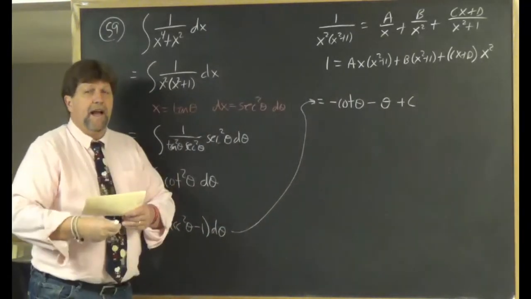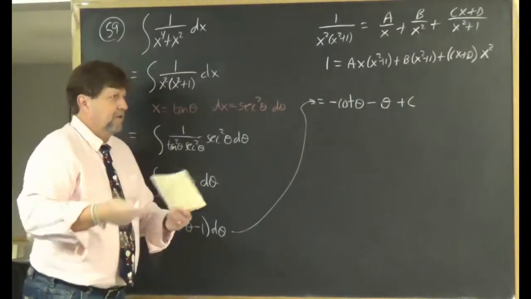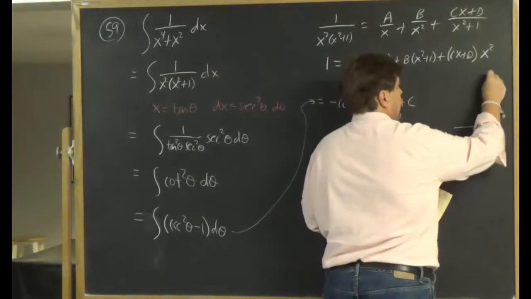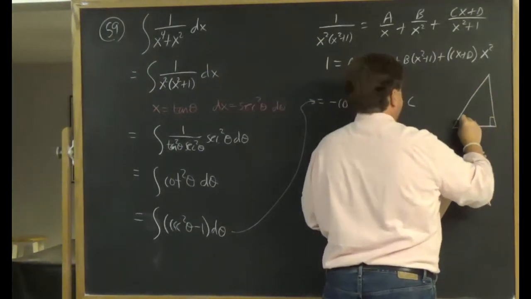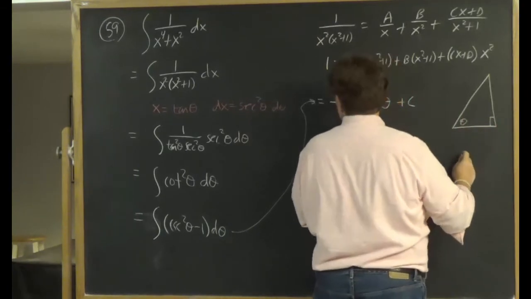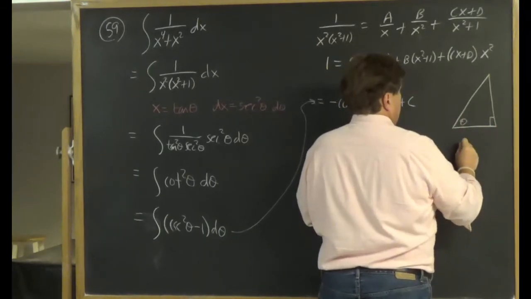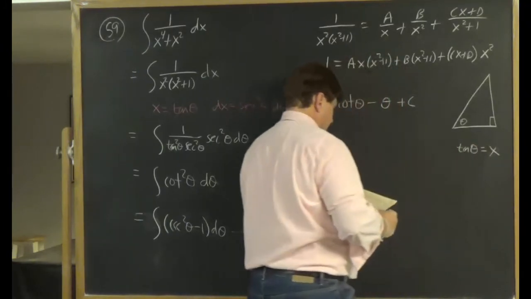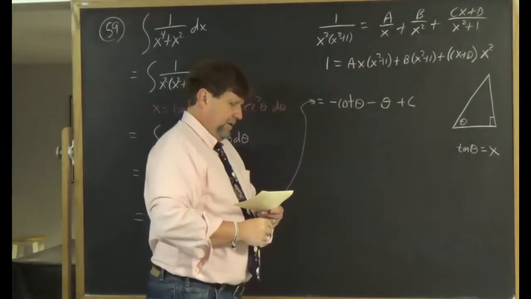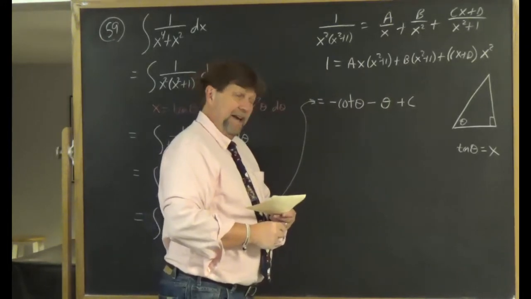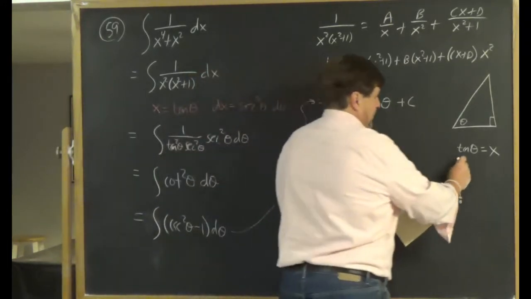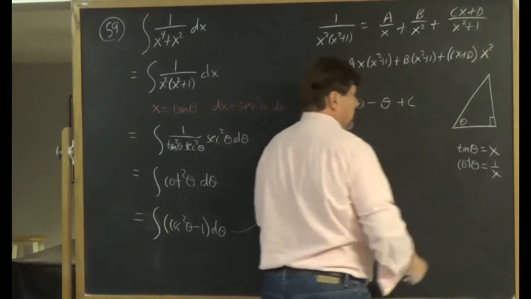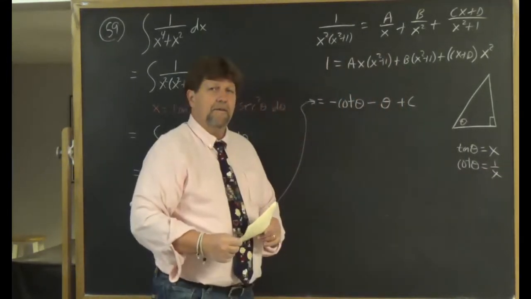Okay, but now we have to get out of the theta world and get back into the x world. So we know that means right triangle time. Let's see, I substituted tangent theta is equal to x. So if tangent theta is equal to x, cotangent theta is the reciprocal. So it's just 1 over x.